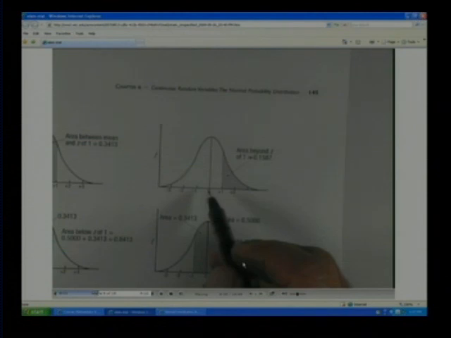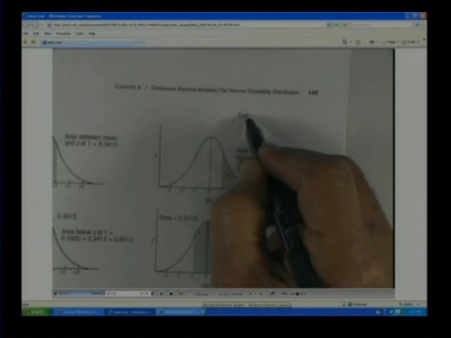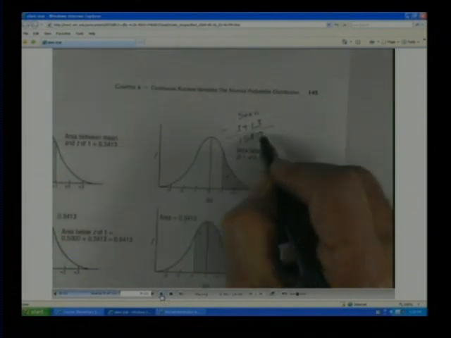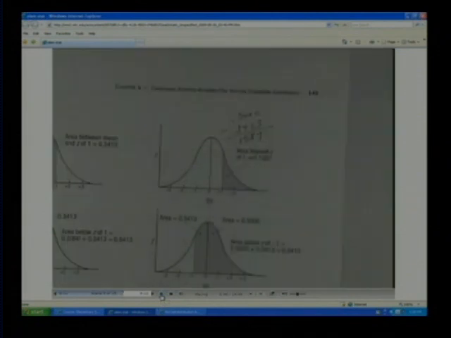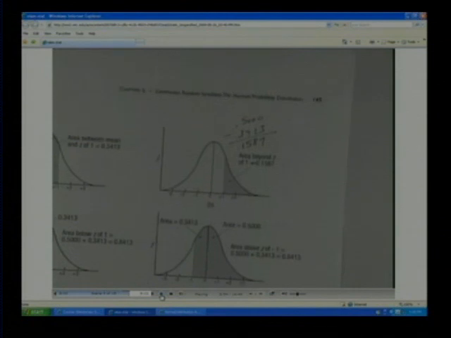So to get that area, we can take 0.5000 and subtract from that 0.3413, and that's going to give us 0.1587, which is the area beyond the z. And both of those values are given in the book.